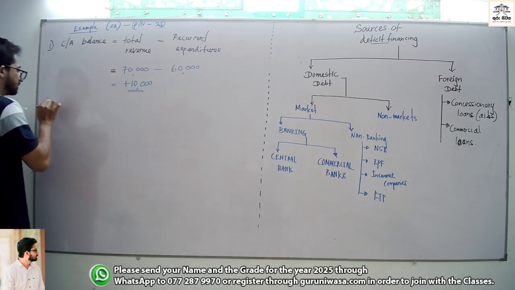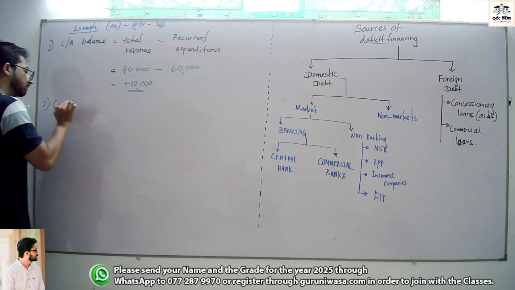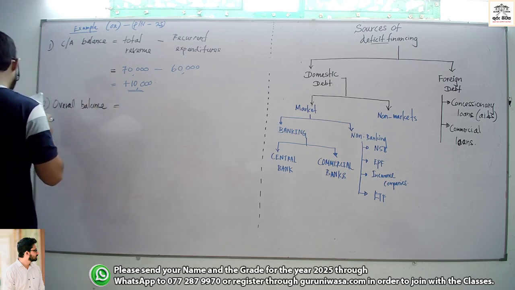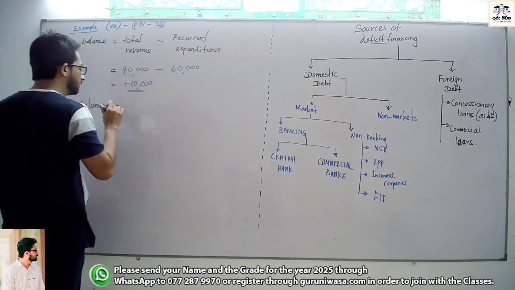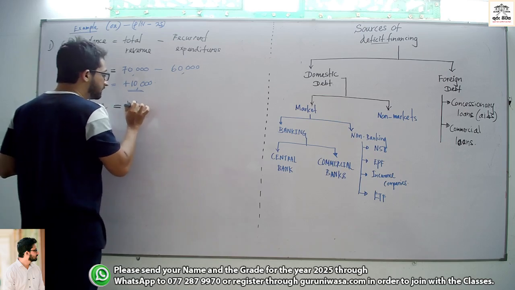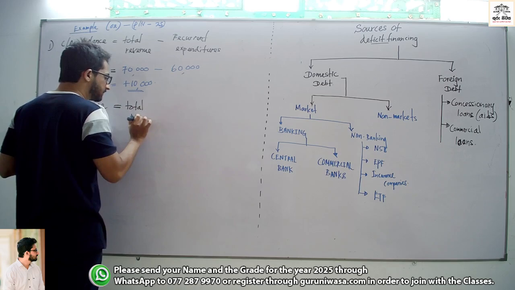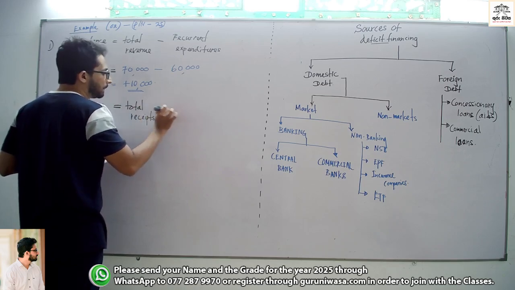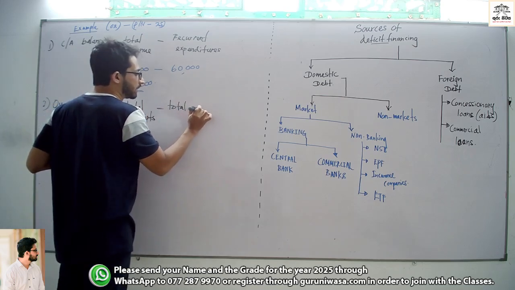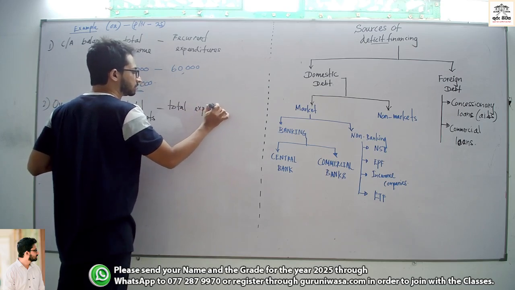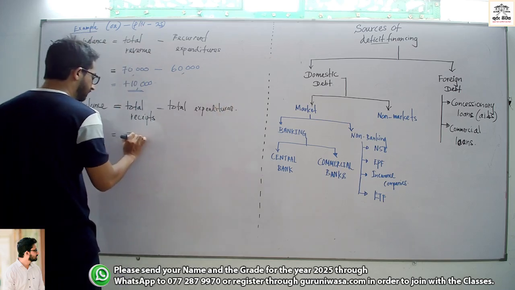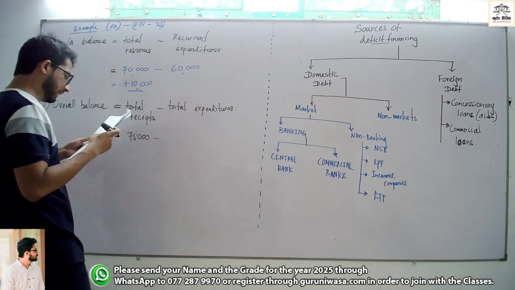Overall balance equals total receipts minus total expenditures. Total receipts given 75,000 minus total expenditures.